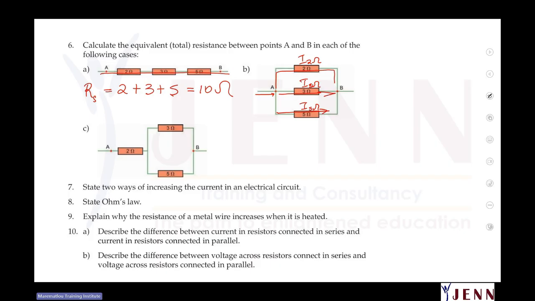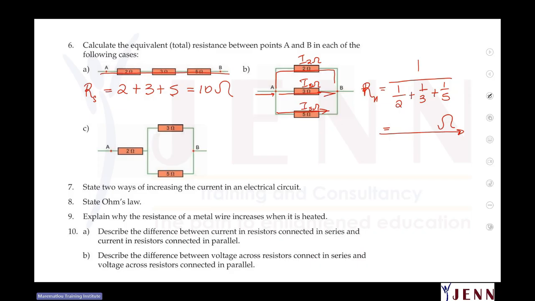Now, if we were to calculate the effective resistance of this parallel connection, then R parallel will be equal to 1 over (1 over 2 plus 1 over 3 plus 1 over 5) ohms. And then you are able to get your effective resistance for that parallel connection.